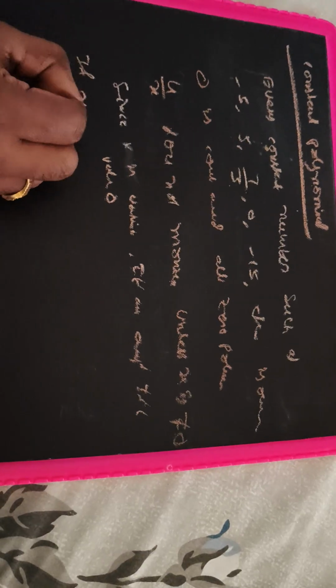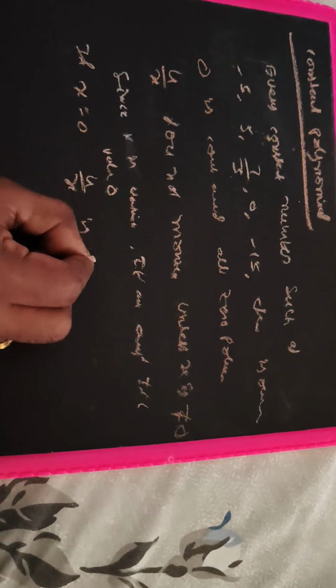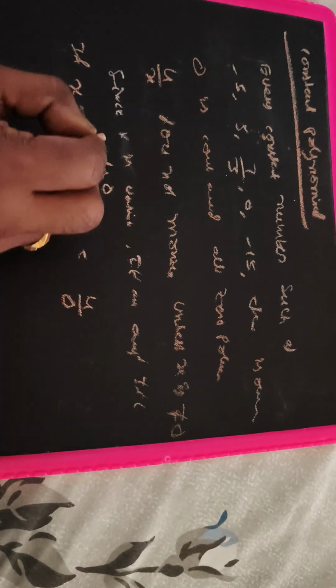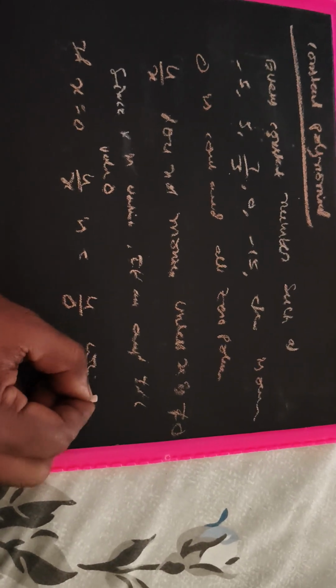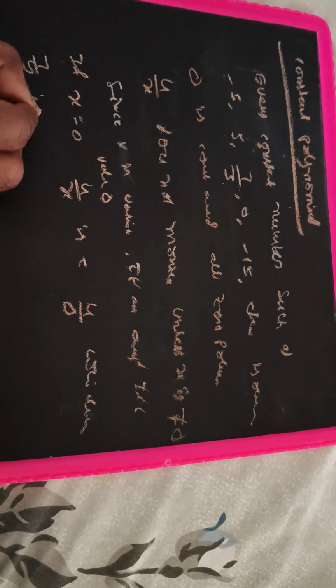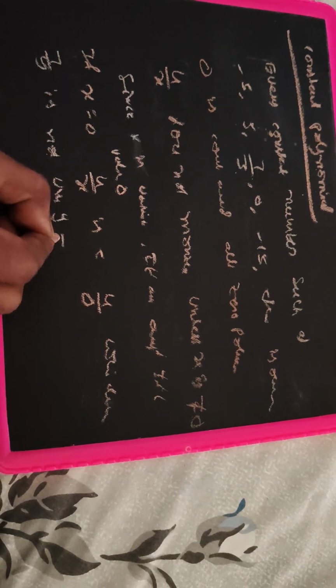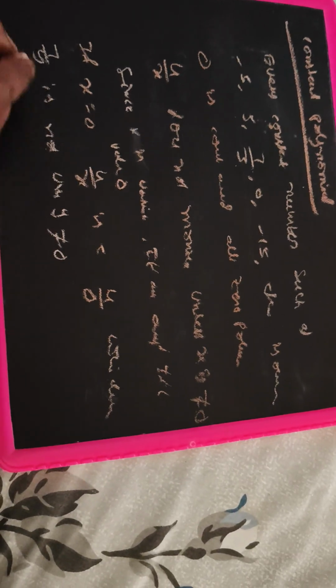If x is equal to 0, the expression 4 by x is equal to 4 by 0, which is not defined. 7 by y is not a monomial unless y is not equal to 0.